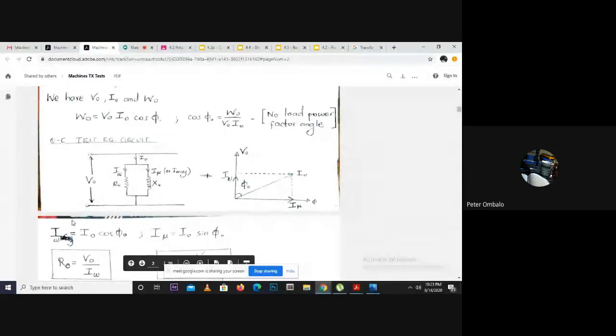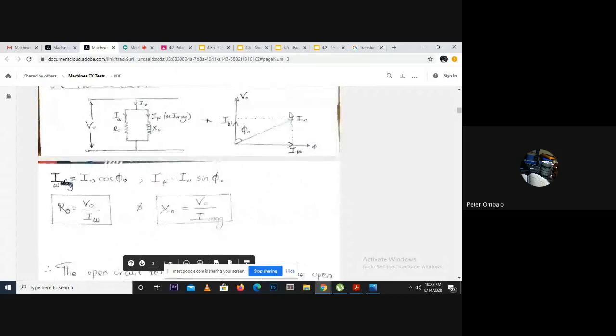So from the phasor diagram here, we have I naught, and I naught breaks down to form IW and I mag, which is the current because of the magnetic component. So I naught has two components, IW and I mu or I mag, which is the magnetic component.